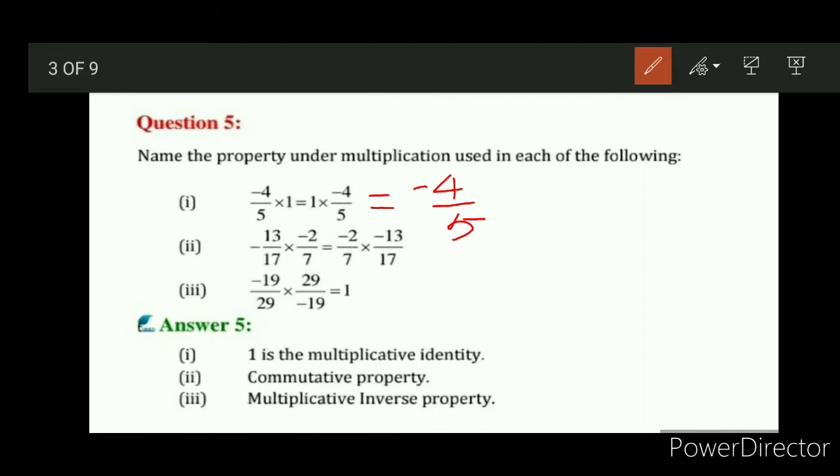How is it multiplicative inverse property? Because minus 19 by 29 is multiplied with its reciprocal. So we know that a number and its reciprocal, if we multiply, we will get the product 1. So clearly we know that it is multiplicative inverse property. Copy down.